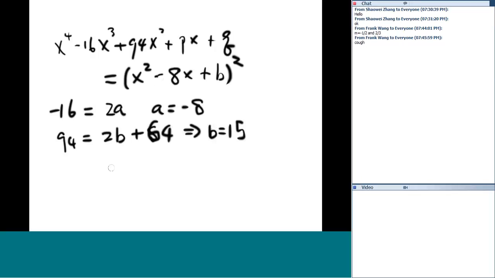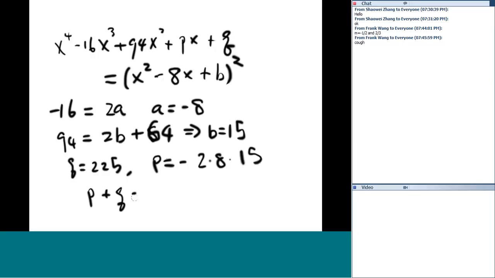Then q equals b squared, 225. Then the x term will be minus 2 times 8 times 15. So p plus q is negative 15. Okay? Good?